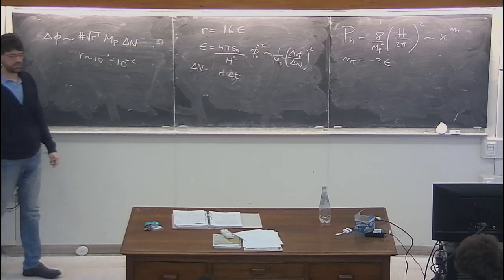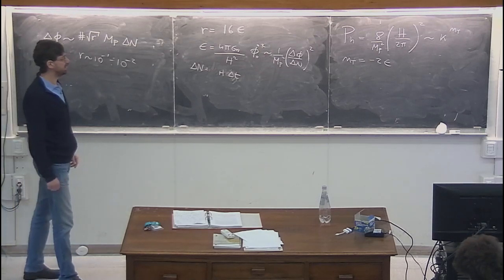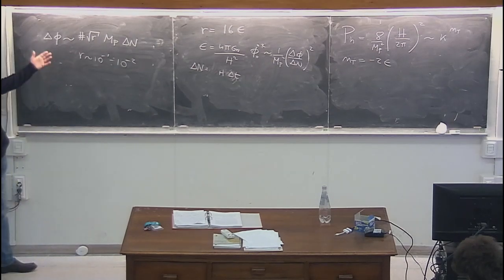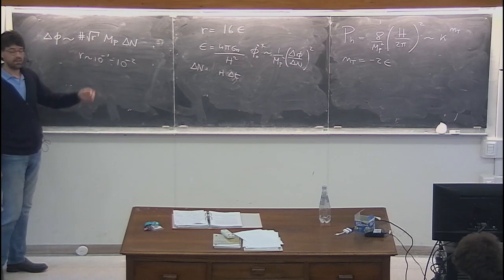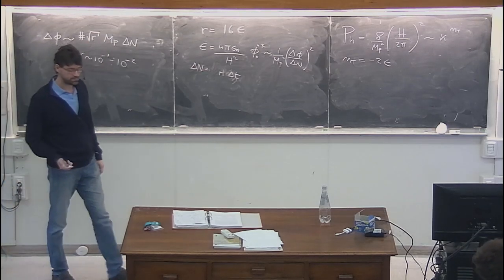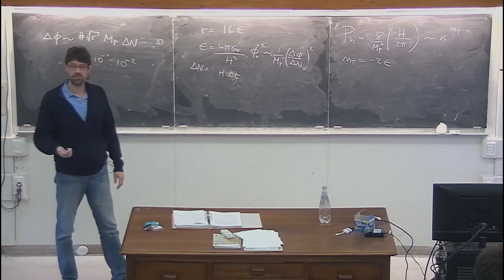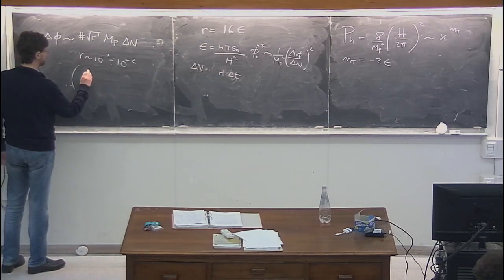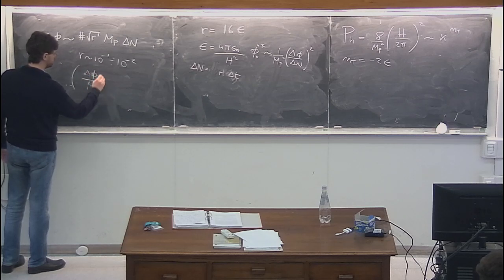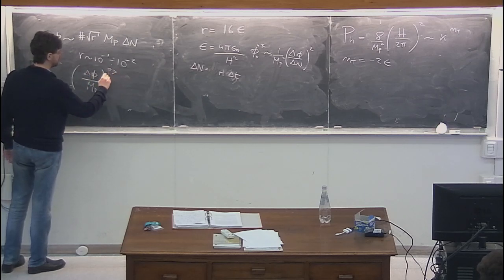Some people consider this a problem because they say that, of course, if I have a theory where the excursion is of order of M Planck or larger, any potential that you write down is not trustable, because I would expect a non-renormalizable correction of order of delta phi over M Planck to some power p, where p is larger than or equal to 1.